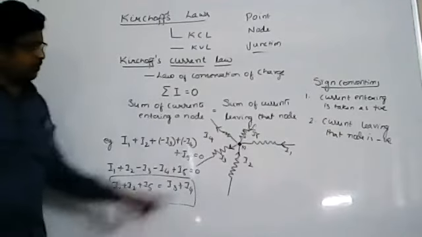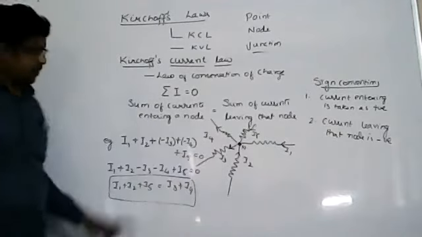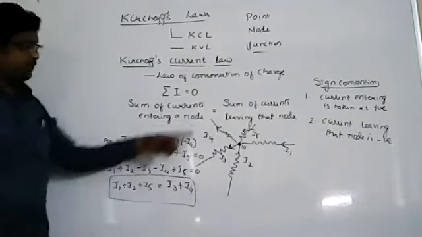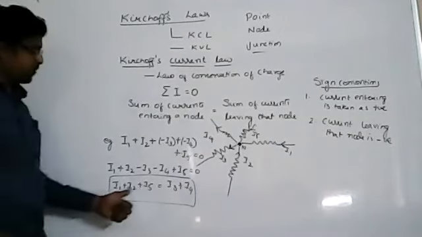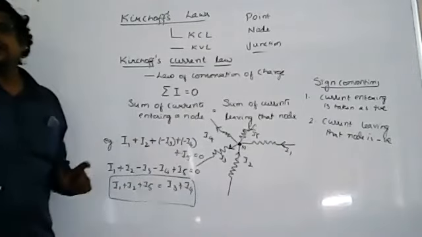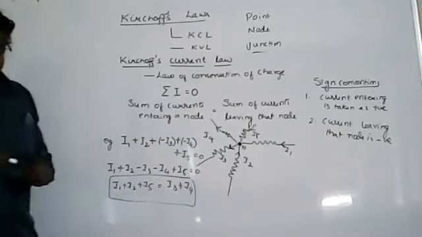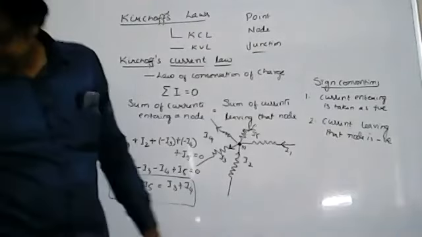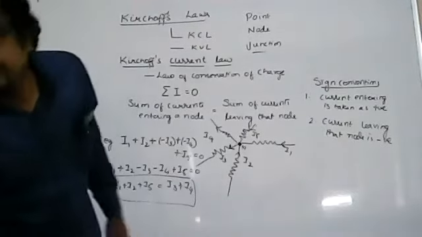What are I1, I2 and I5? The currents entering the node. What are I3 and I4? Leaving the node. So the sum of currents entering the node is equal to the sum of currents leaving it. That is called Kirchhoff's current law.